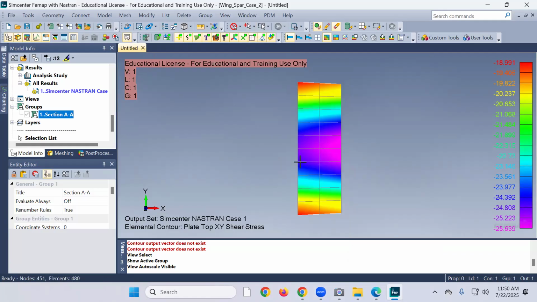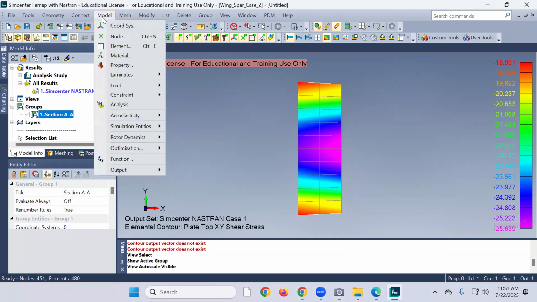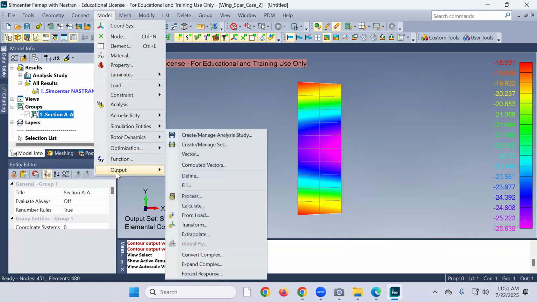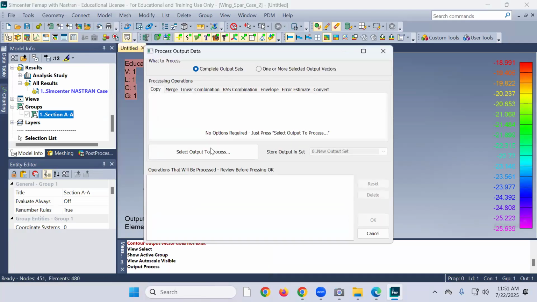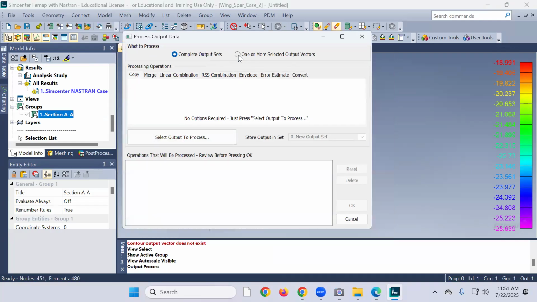Let's come over here. So what I'm looking at here is the shear stress. If we want to see the shear flow, what do we need to do? We need to multiply this by the thickness. What is the value of the thickness? It's 2. So what we can do is use this and do Model, Output, Process, one or more selected, Linear combination. What is the value of our thickness?